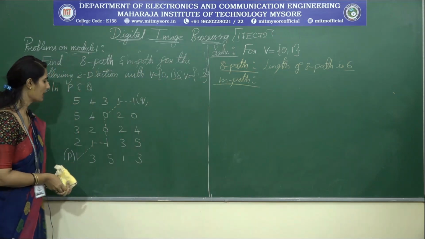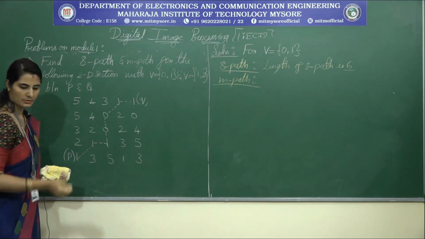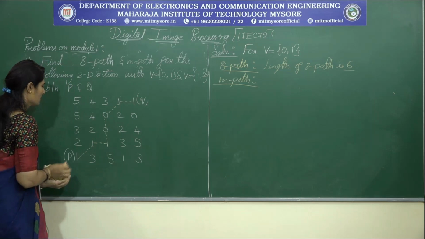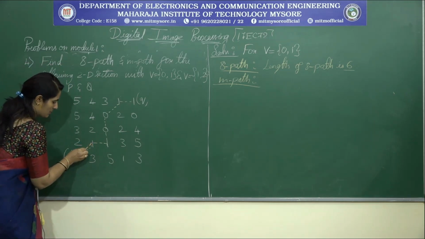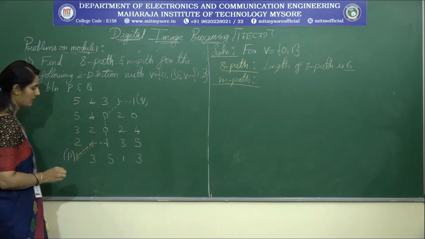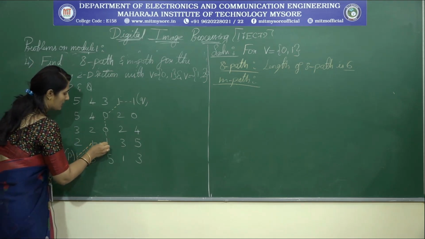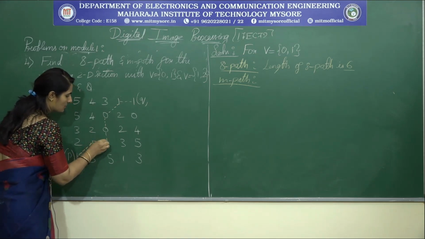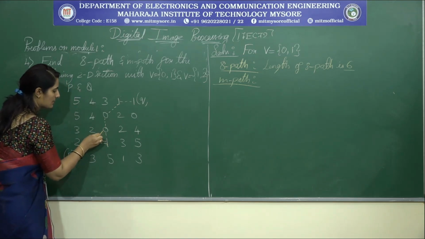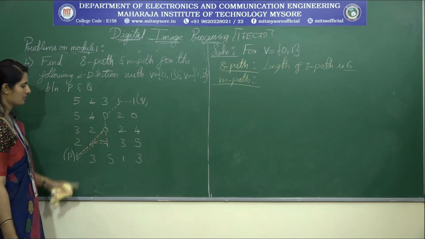Now similarly let me find out M path. So here, in order to find out the path between P and Q, from 1 to 1 I can take this path, and again here I can have either this path or this path, right?